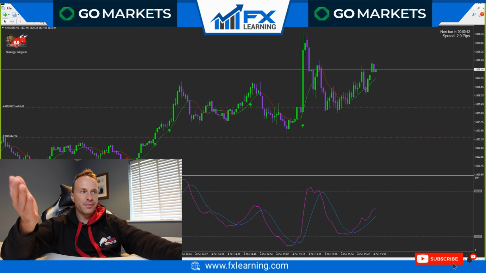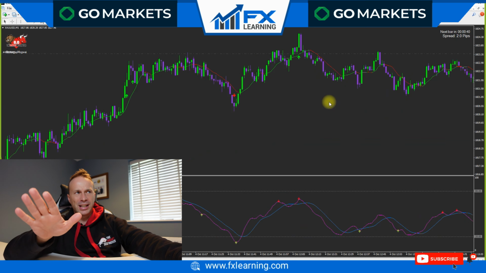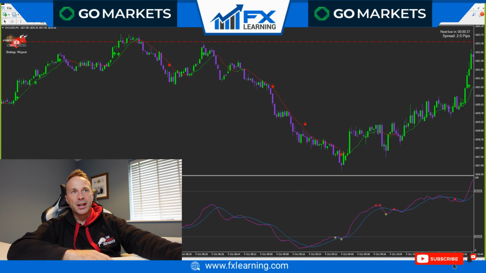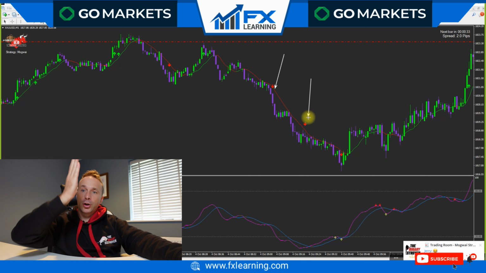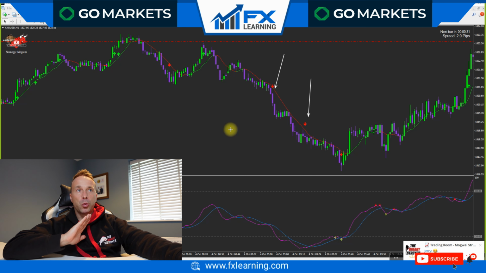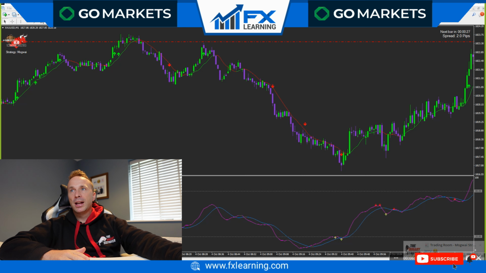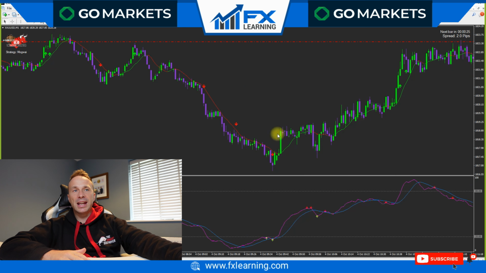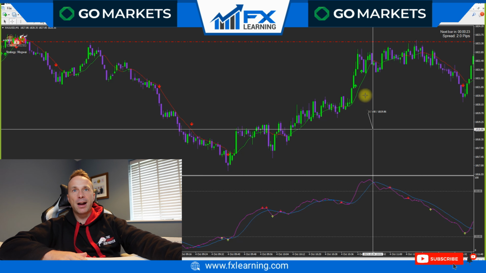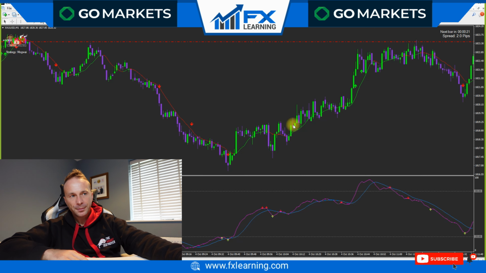Same again, if we scroll here, ignore the EA, you can see arrows with the trend. Quite simple. Now as you can see, we went into an uptrend, arrows with the trend.